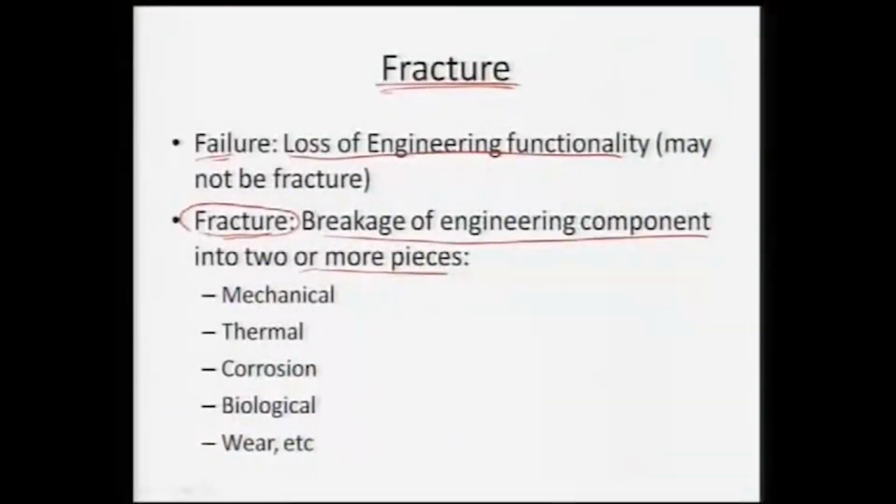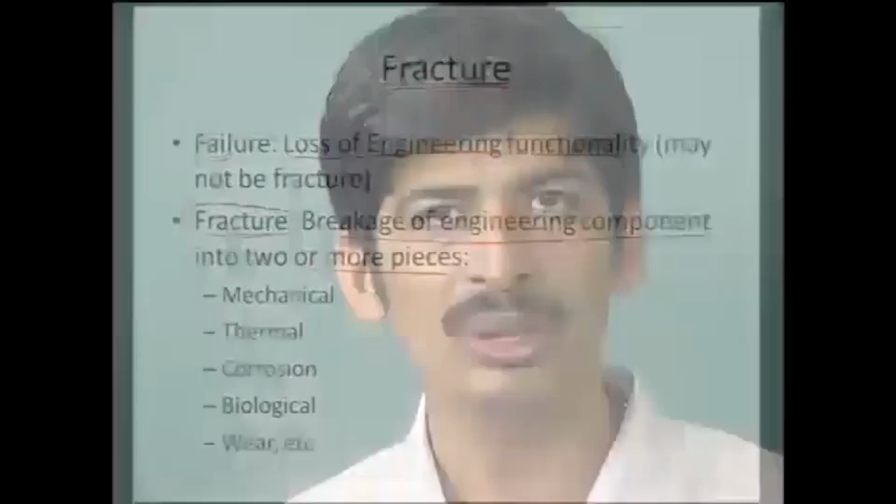That is why it is very important that we learn about fracture, how a material is going to fracture, or how it is going to break a particular engineering component. The microstructural indication will be very helpful in altering the microstructure, and then being able to tap the exact requirements from a particular component.